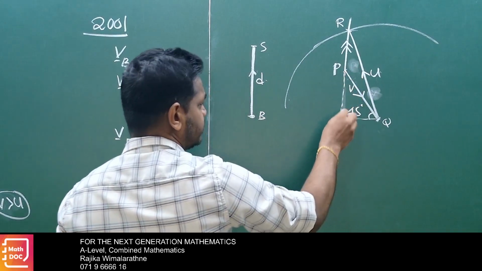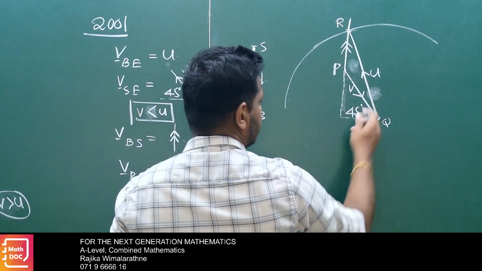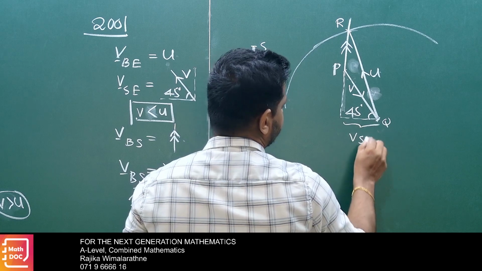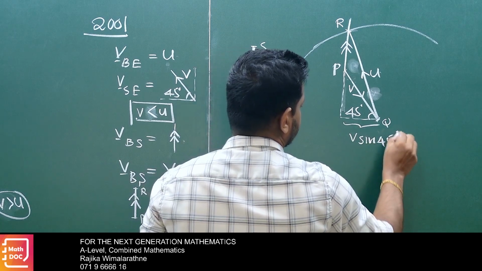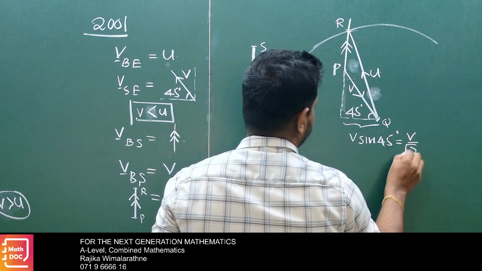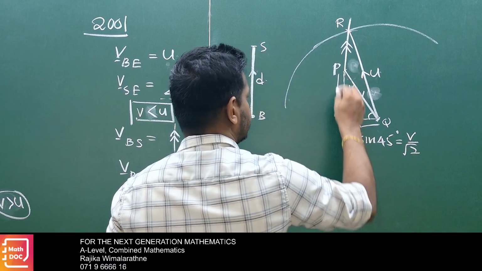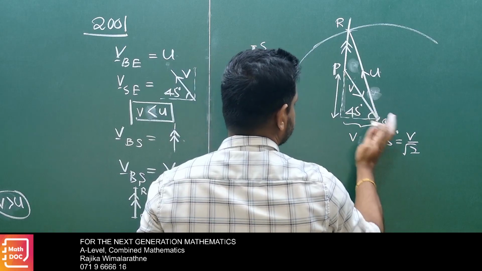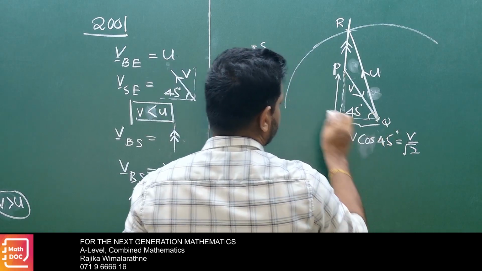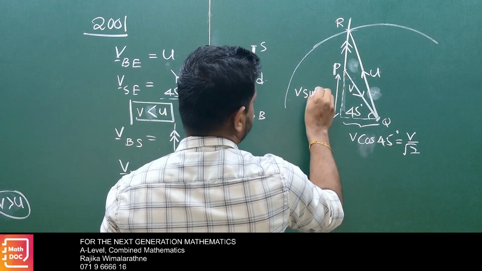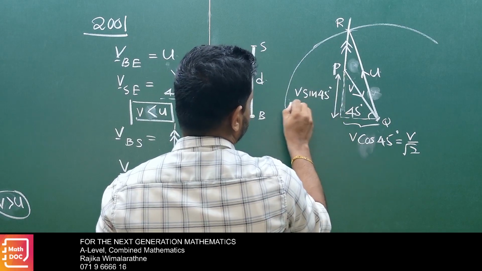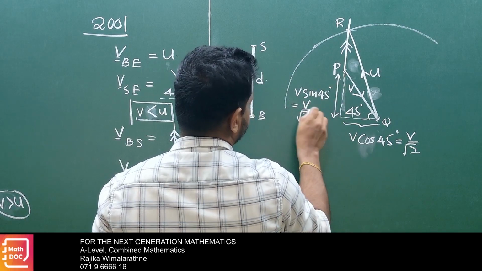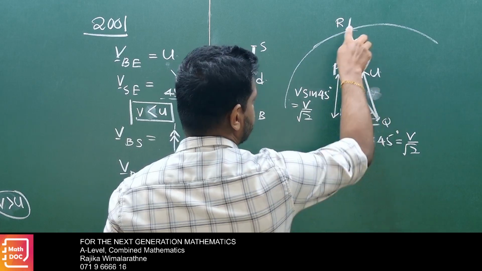We can do that using Pythagoras. Here V sin 45, that is V over root 2. Then here again V cos 45. Here V sin 45, that is V over root 2. Then consider the Pythagorean theorem.